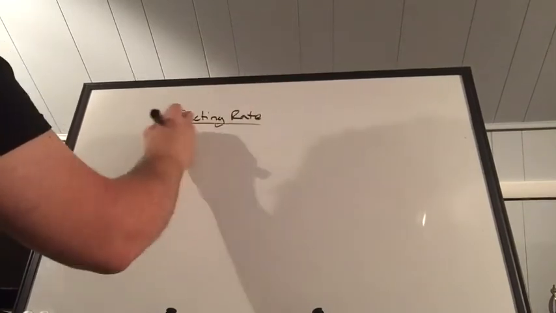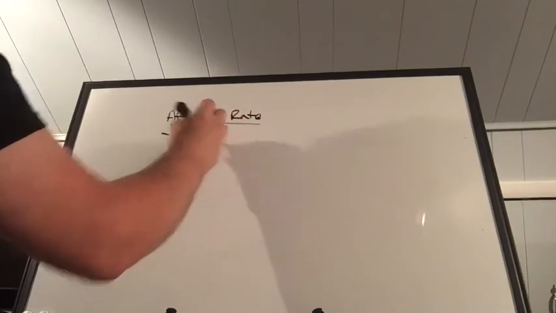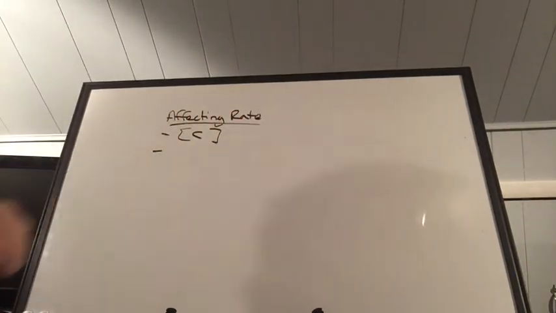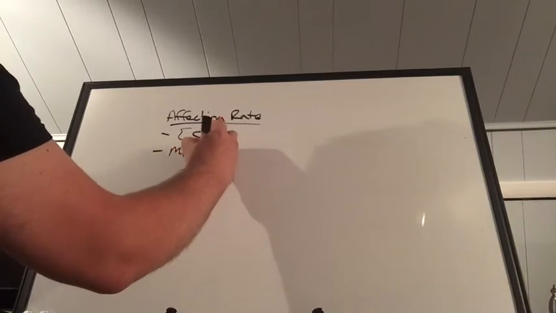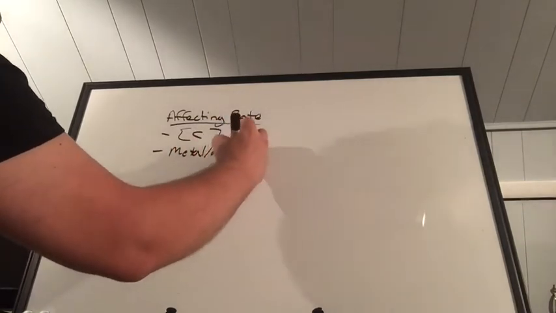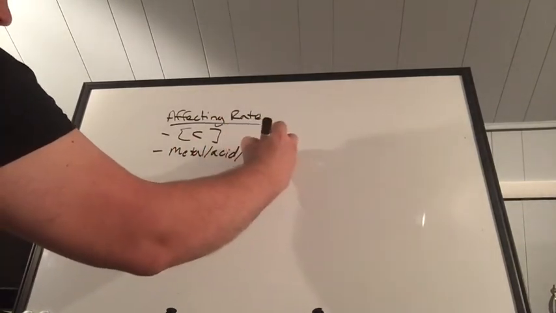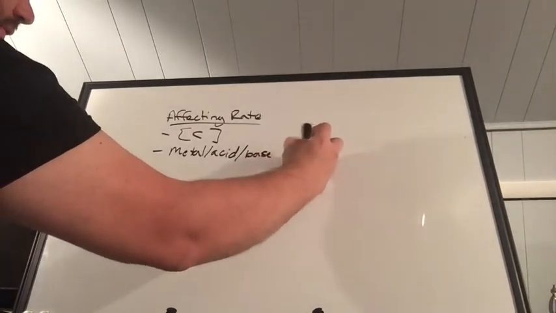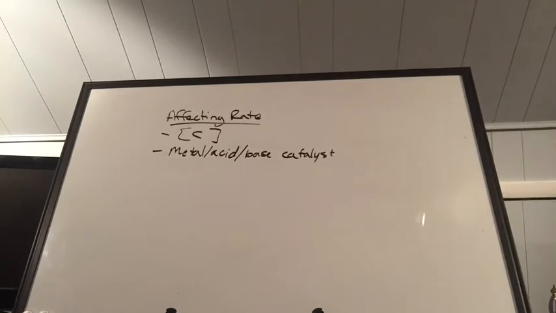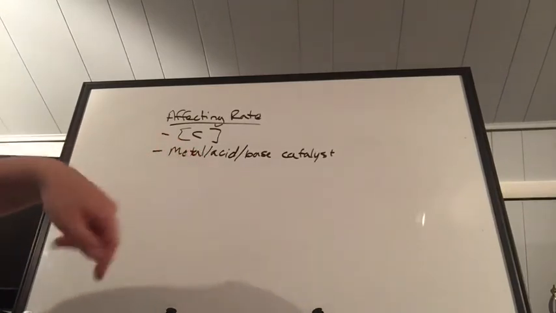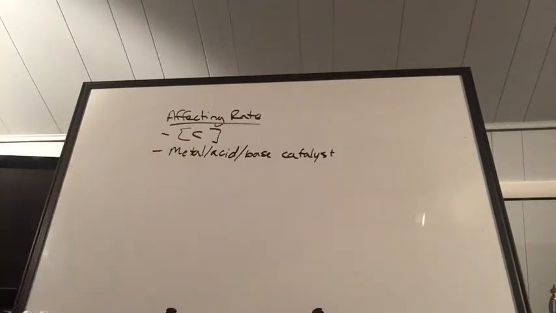Okay, so one is going to be concentration of whatever reactant, of course. And then catalyst. So if you have metal catalyst, acid, base, catalyst. So sometimes you need a small concentration of acid or base to make a reaction go forward.